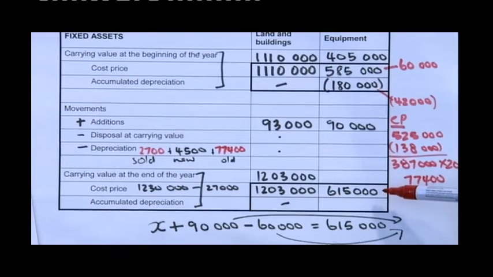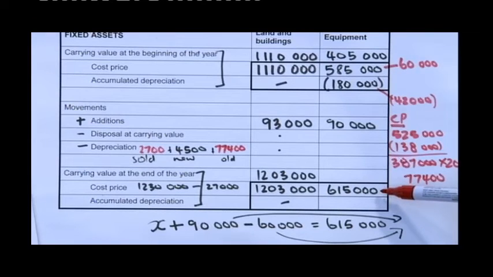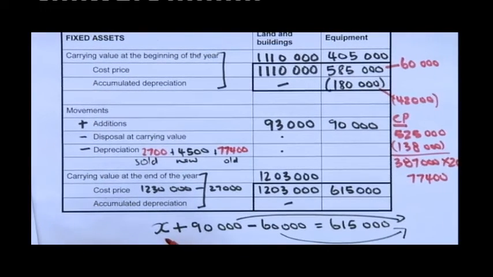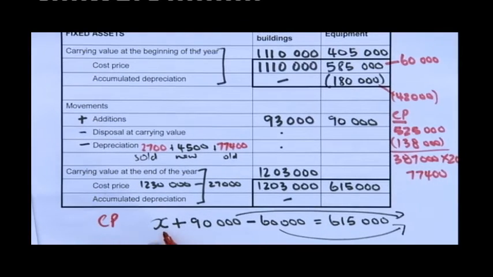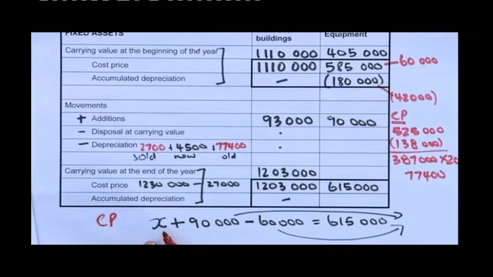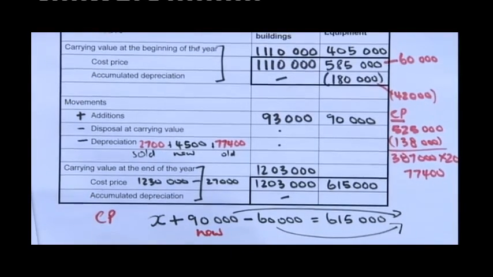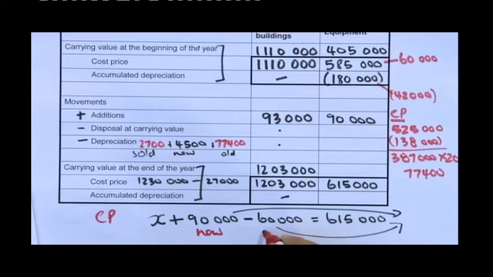Okay. So let's just recap that one, because it can become cumbersome. We have the cost price of the equipment at the end of the year. Right, so we're looking for the cost price at the beginning of the year. So we made the cost price at the beginning of the year X, which we don't know. We added the 90,000 of the new equipment that we bought, and we minus the cost price of the old equipment that we sold.